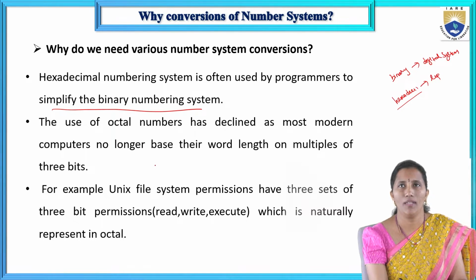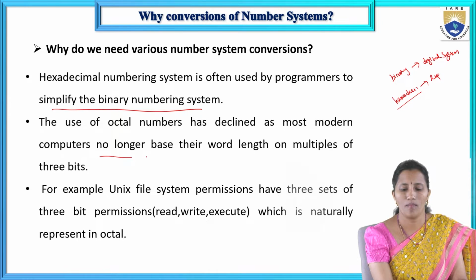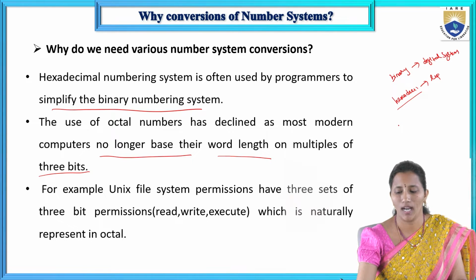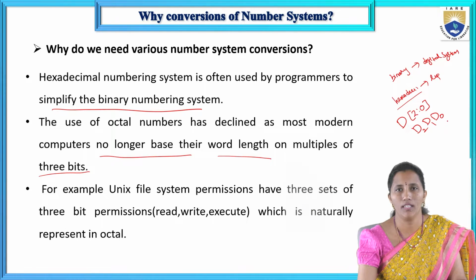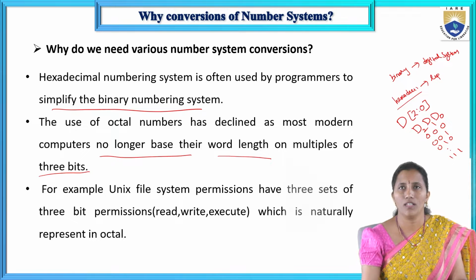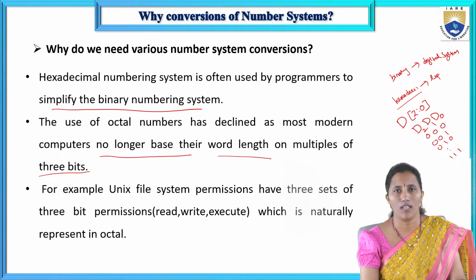The octal number system has declined, as most modern computers no longer base their word length on multiples of 3 bits. Suppose I want to represent data D with 3 bits, D2, D1, D0. My data will be in 3 digits: 000, 001, 010, up to 111. To represent such data, we use the octal number system.